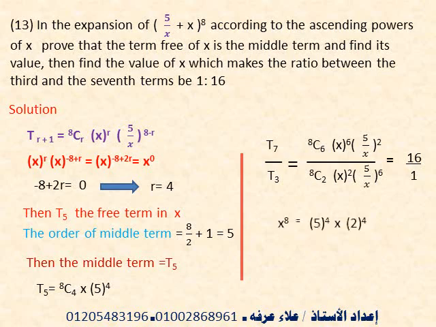We can get x^8 equals 5^4 multiplied by 2^4. Then x^8 equals 10^4. Then x^2 equals 10. Then x equals positive or negative root 10.